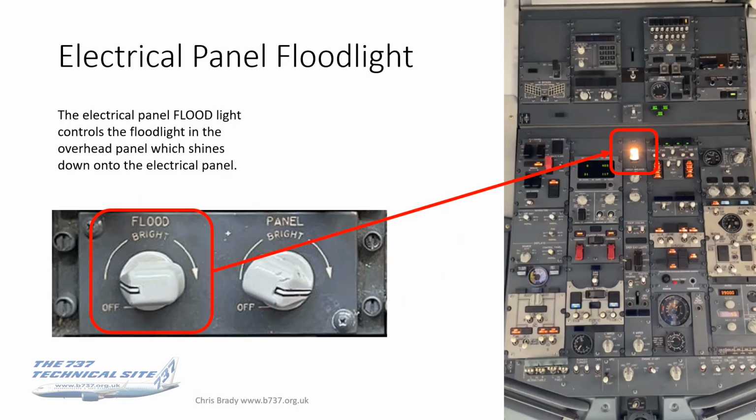There is a floodlight as well, which is located in the overhead panel. This shines down to floodlight the electrical panel for you. So it's perhaps a bit confusing at first that the control is on one panel for a light which is on another panel, but it's shining down towards the electrical panel.